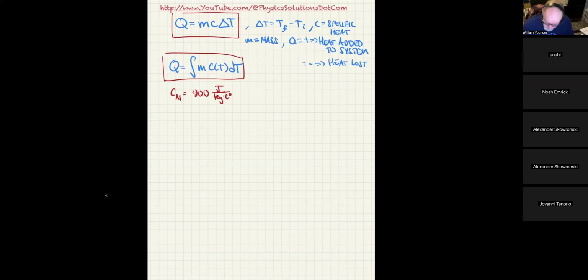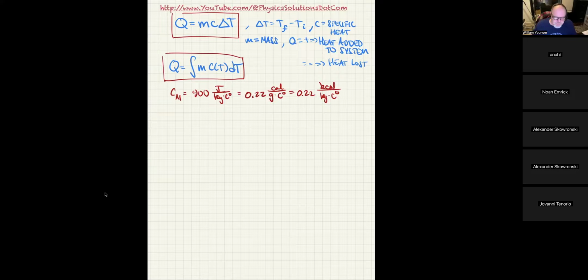I'm used to using calories, so it's also 0.22 calories per gram Celsius degree, but that's also 0.22 kilocalories. Oops, I should write that as a lowercase c before somebody gets confused. kcal per kilogram Celsius degree. Notice that going from the middle symbol to the rightmost symbol, I multiplied top and bottom by 1,000. That's why it's still the same quantity.